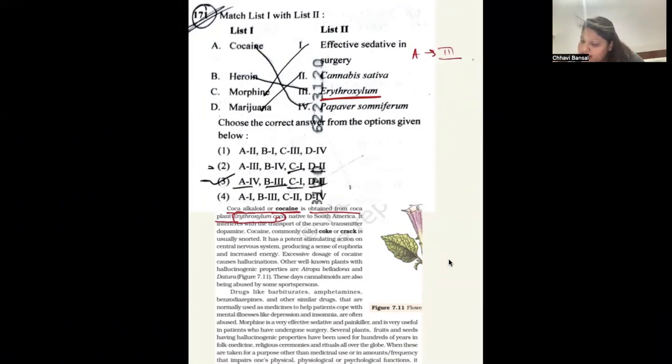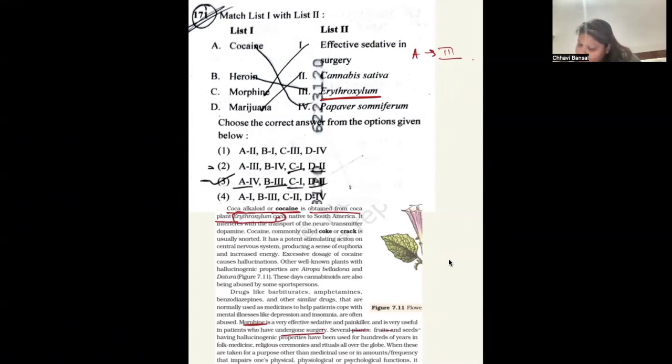Fine. Next is morphine. Morphine is very selective, effective sedative and painkiller and useful for patients who undergo surgery. Several plants, fruits, and seeds have had hallucinogenic properties over the years.